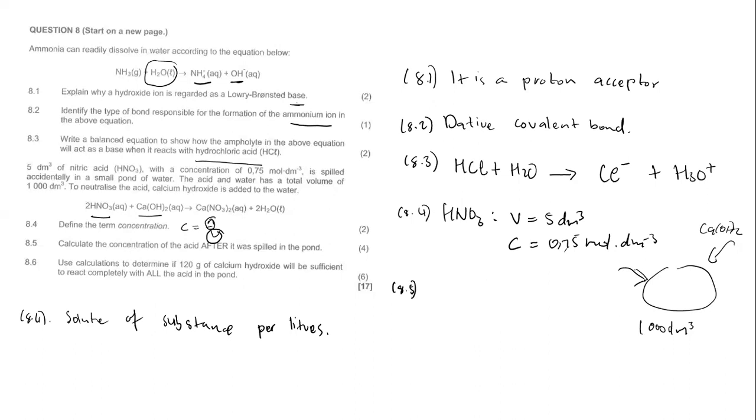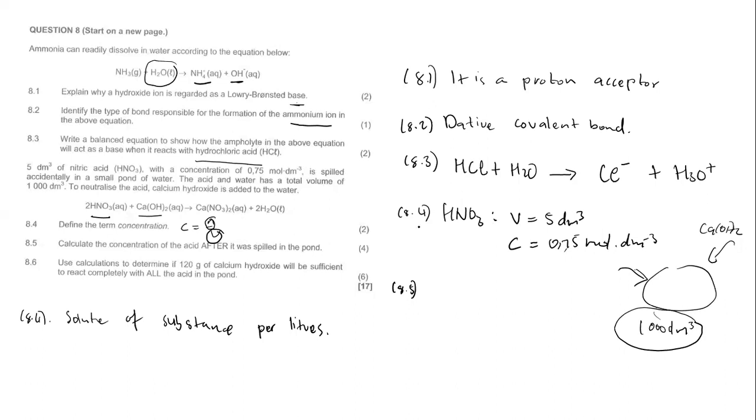I get it. We said that acid will be inside of this. So acid now, it is under this volume, 1000. Remember, initially this acid had the concentration of 0.75 under a volume of 5 cubic decimeters.